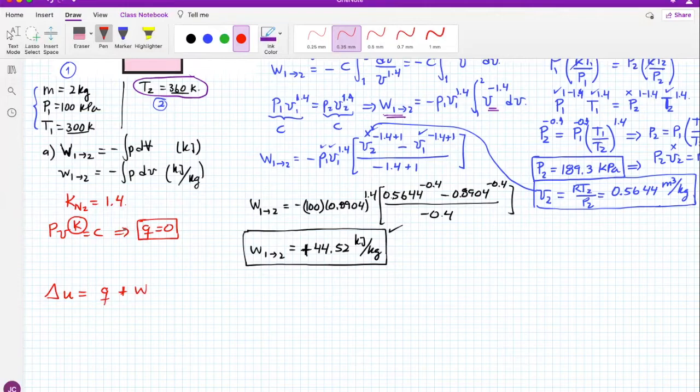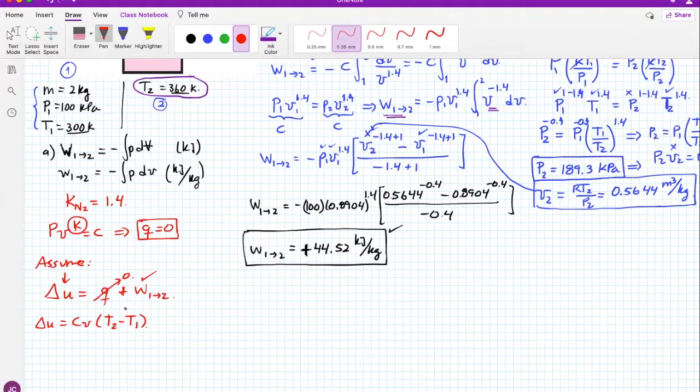So I will show you in this way. I'm going to assume that this thing is 0, and the problem will tell me if I'm right or wrong. I already have this work over there. Now, the only thing that I need to get is this guy over here. For an ideal gas, delta U equals CV times (T2 minus T1).